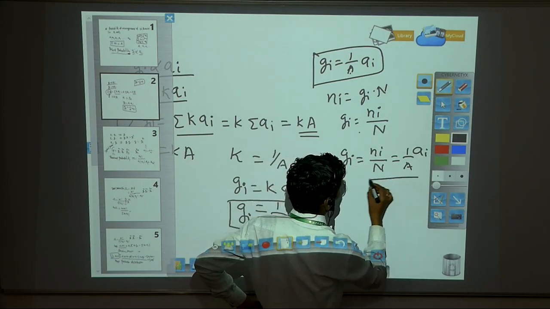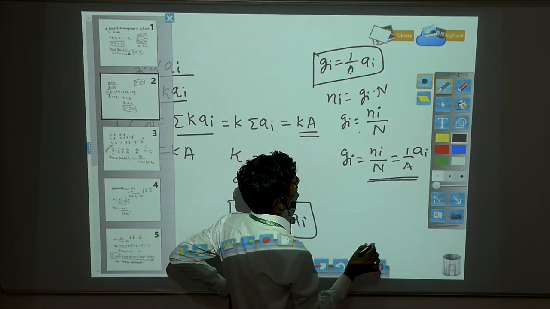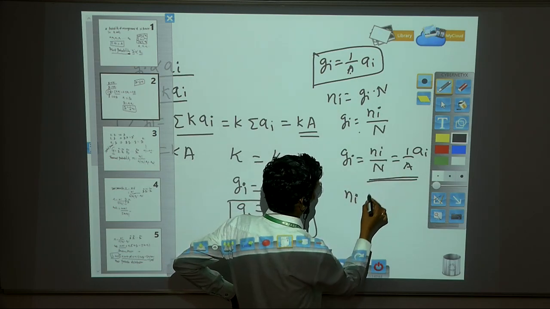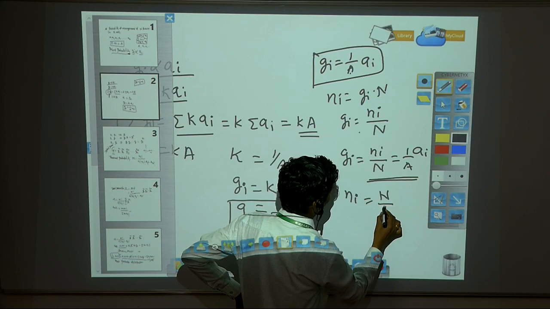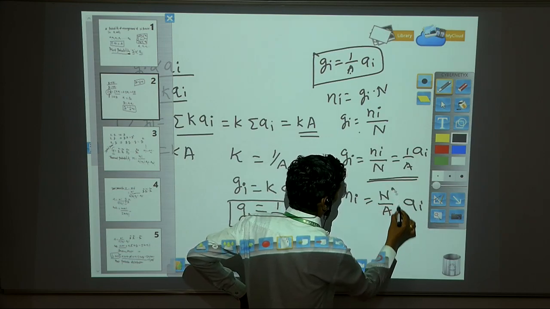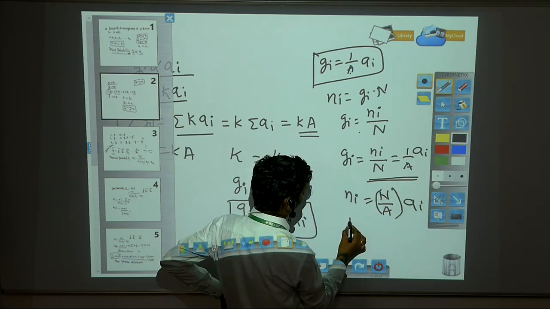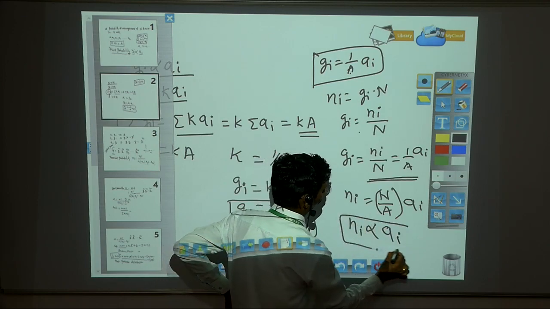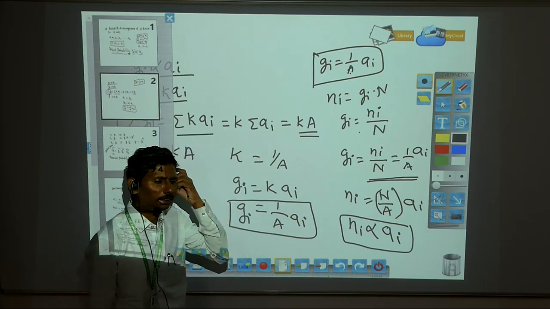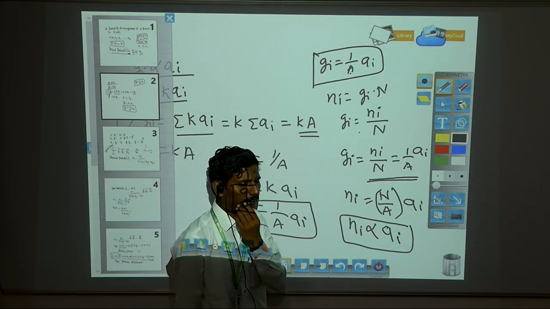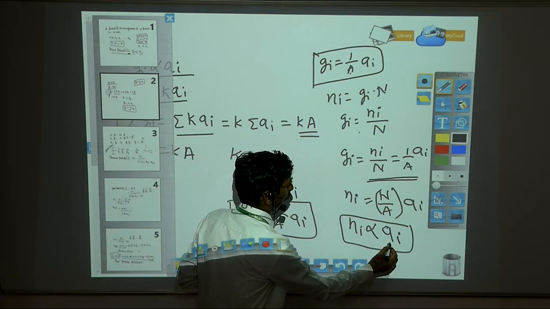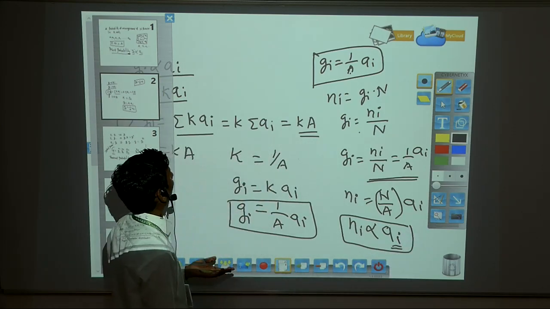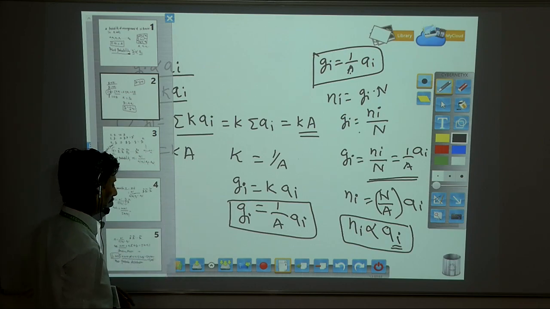To arrange this, we consider that ni is equal to N by ai, and this is nothing but a constant. This represents that ni is directly proportional to ai, and it shows that the number of particles arranged in a cell depends on the area of the cell. This is the end of the conclusion. This is the end of this first derivation.